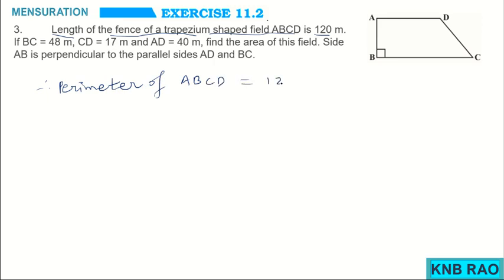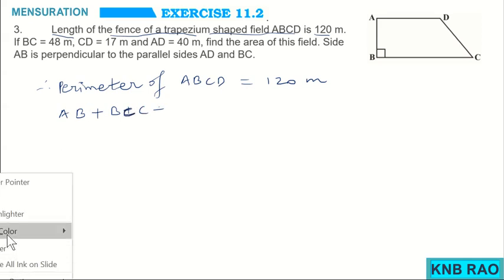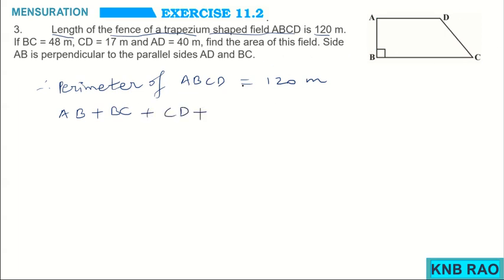So perimeter of ABCD is 120 meter. We need to find AB plus BC, let me write properly. Here AB side plus BC side plus CD side plus DA side put together gives you 120 meter.